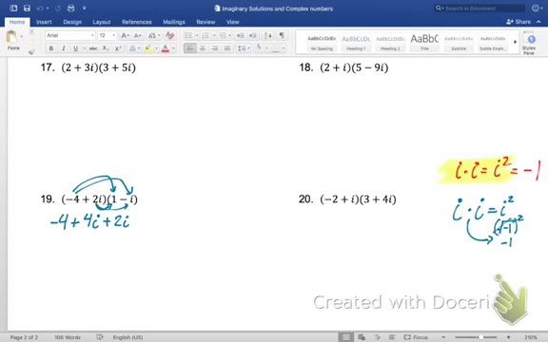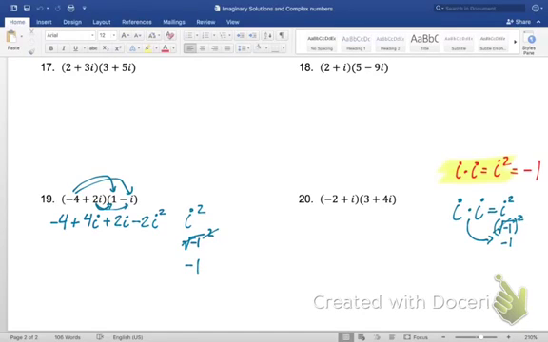2i times -i is -2i squared. Now let's keep in mind what we said about i squared. i squared is the same thing as the square root of -1 squared, which is the same thing as, boom and boom, they go away, it's -1.